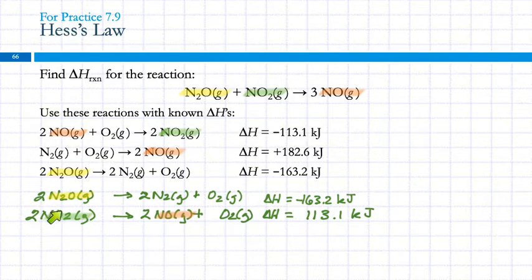I've got both of my reactants and my product on the right side, but I've got extra stuff. I've got nitrogen and oxygen, and that's not in this reaction. So I need this other reaction, this middle one here, to get rid of the N2 and the O2. So here I've got N2 and O2 and some more O2 that I want to get rid of. And I can use this guy to get rid of those.